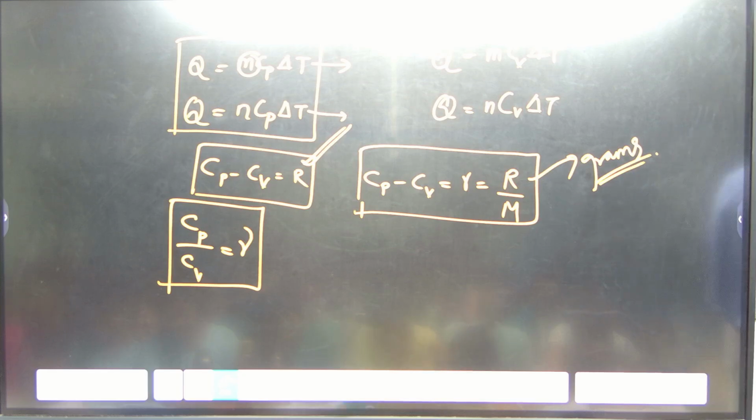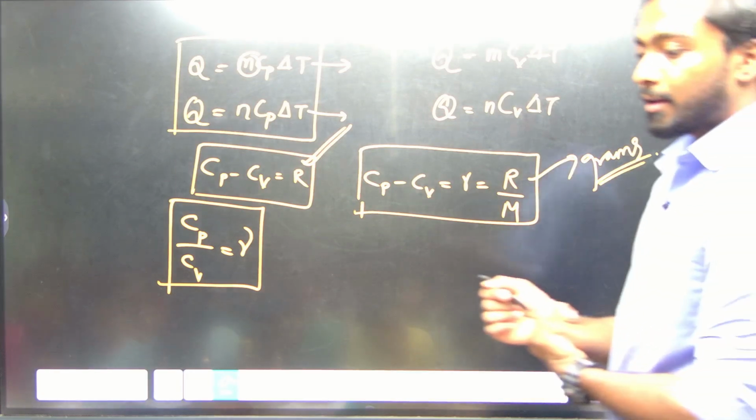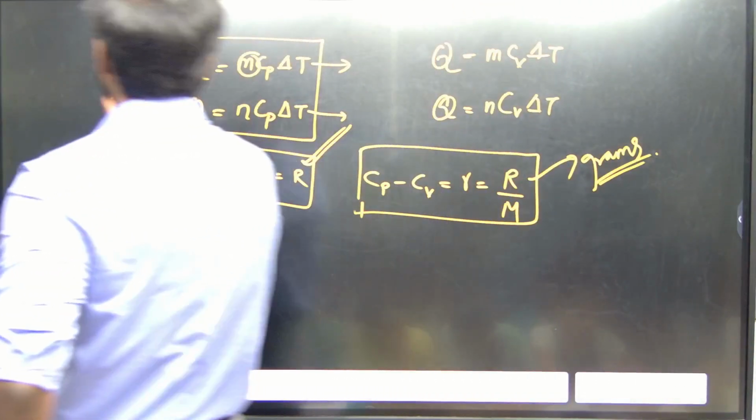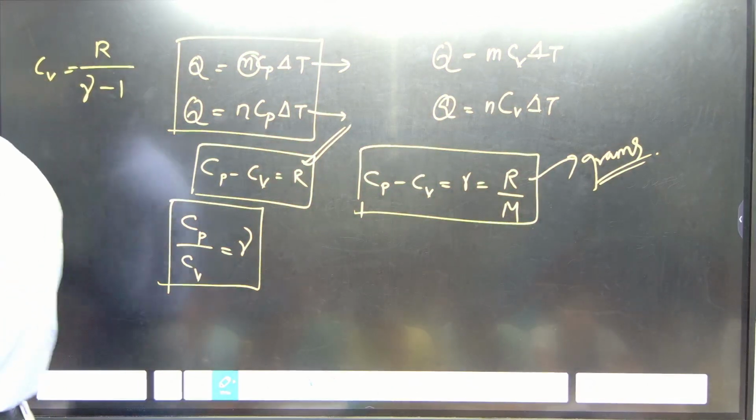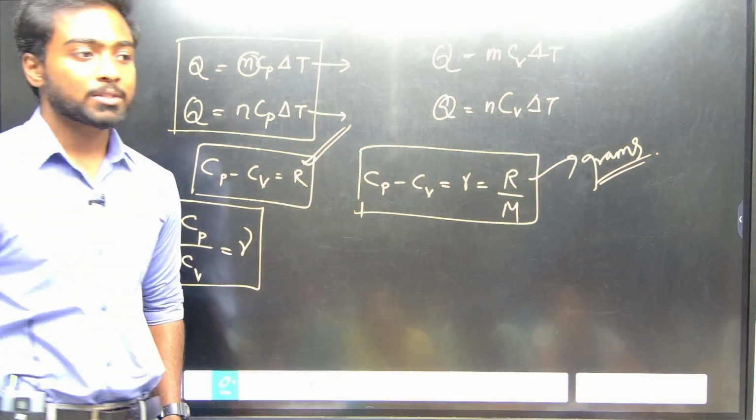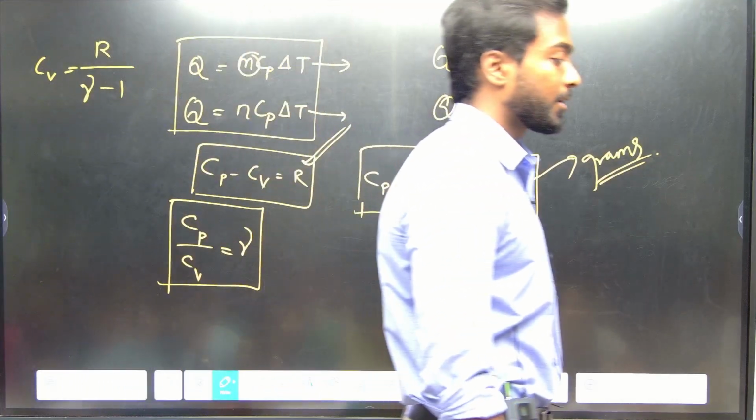Write down the next one: Cv is equal to capital R by gamma minus 1.